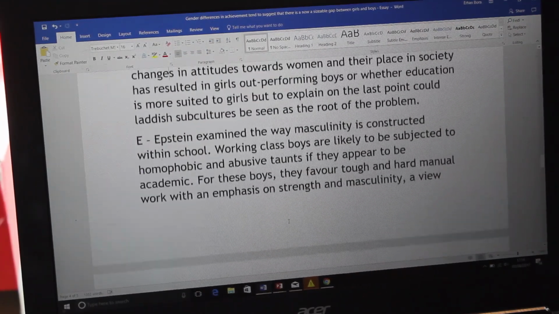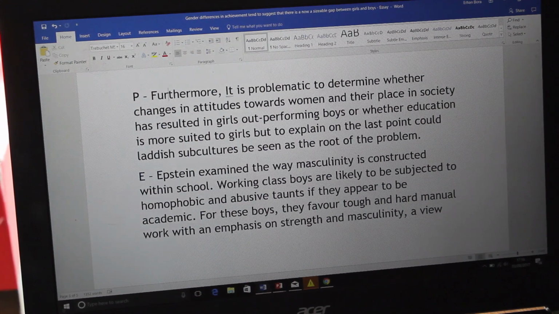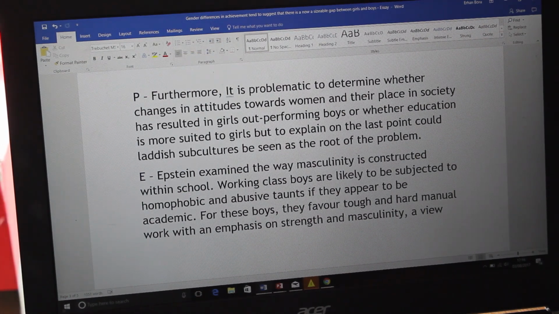Now the last one, I'm going to run through it again. The last PEW paragraph: furthermore, it's problematic to determine whether changes in attitudes towards women and their place in society have resulted in girls outperforming boys, or whether education as a whole is more suited to girls. But to explain the last point, could radical subcultures be seen as a root of the problem?